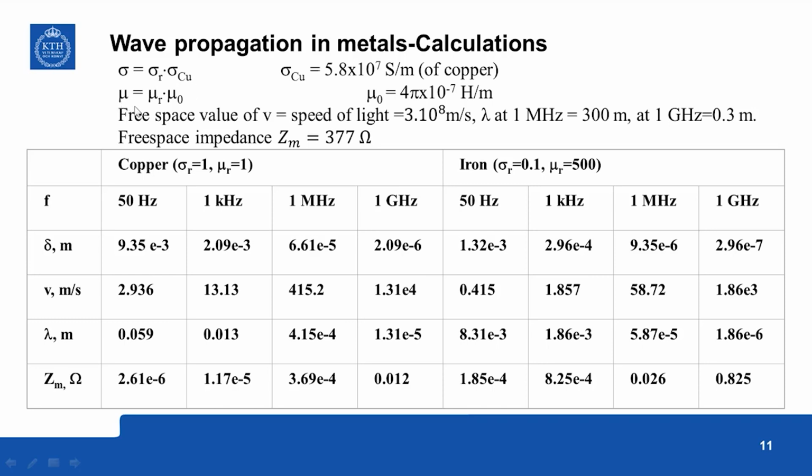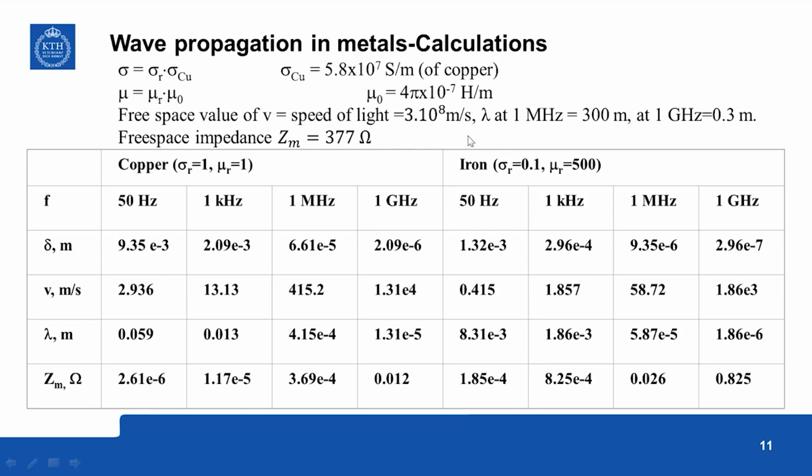And permeability, we know, of a medium is a relative permeability multiplied by the permeability of vacuum or air. And permeability of air is defined as 4 pi into 10 to the power of minus 7 henries per meter. Free space value of v or speed of light is 3 into 10 to the power of 8 meters per second.